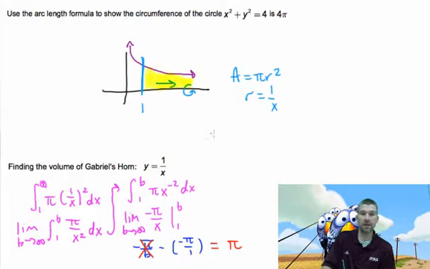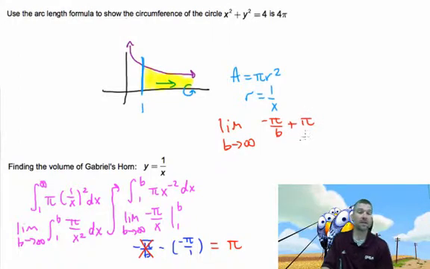Because when you look at the limit, we're going to look at the limit as b goes to infinity of negative pi over b plus pi. Pi is a constant, so as b grows larger, pi never changes. And as b grows larger, this number right here, this guy, grows smaller.